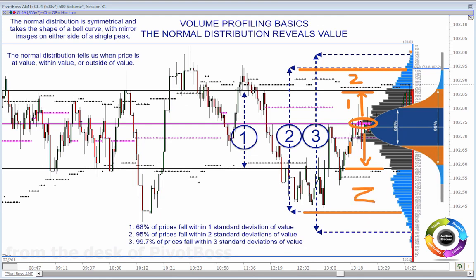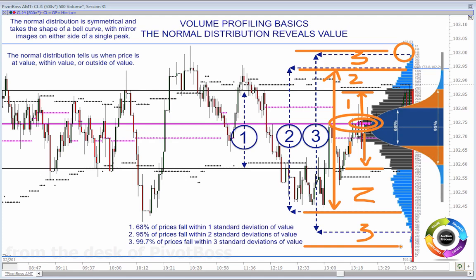And once you get out to the very edge, now you are 3 standard deviations. So 95% of prices fall between 2 standard deviations from value, 68% of all prices fall within 1 standard deviation, and 99.7% of all prices fall within 3 standard deviations.